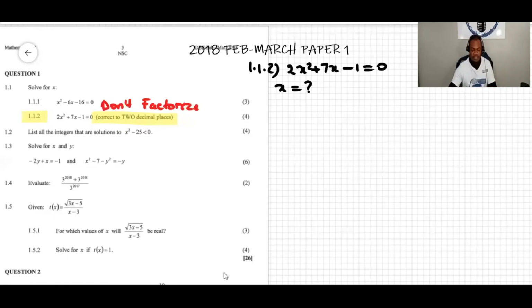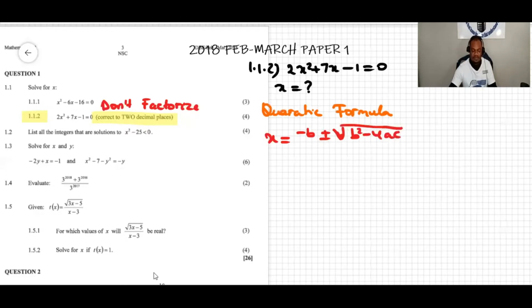The quadratic formula is given by x = (-b ± √(b² - 4ac)) / 2a, where the quadratic equation itself is ax² + bx + c = 0.